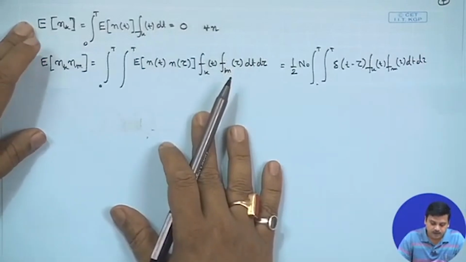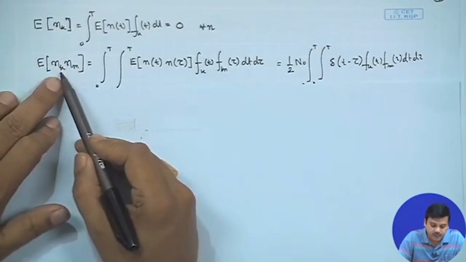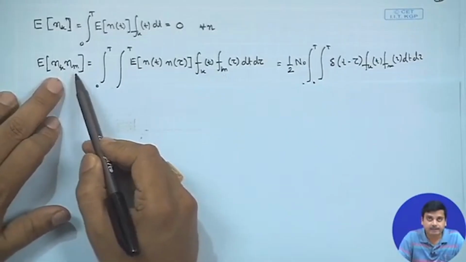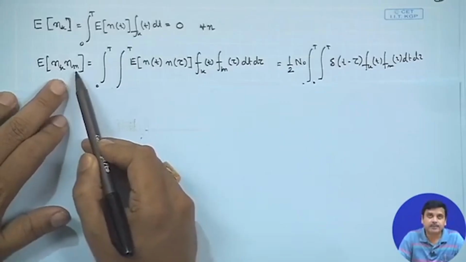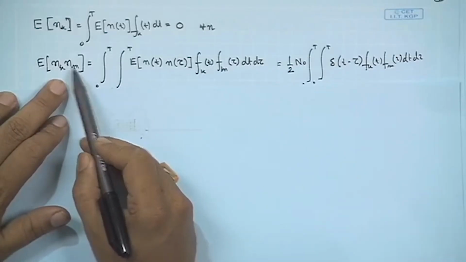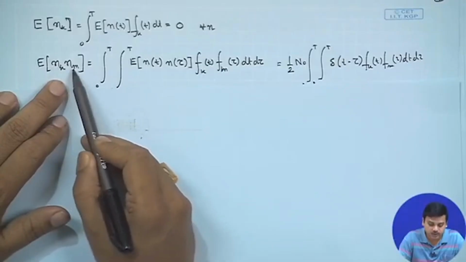Next, we look at the correlation property of n k and n m, indicating the kth component of noise and the mth component of noise. We want to find if there is any correlation between these two components.